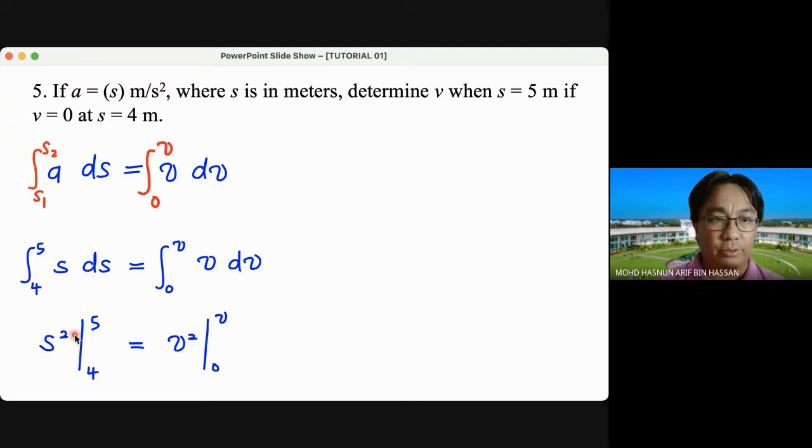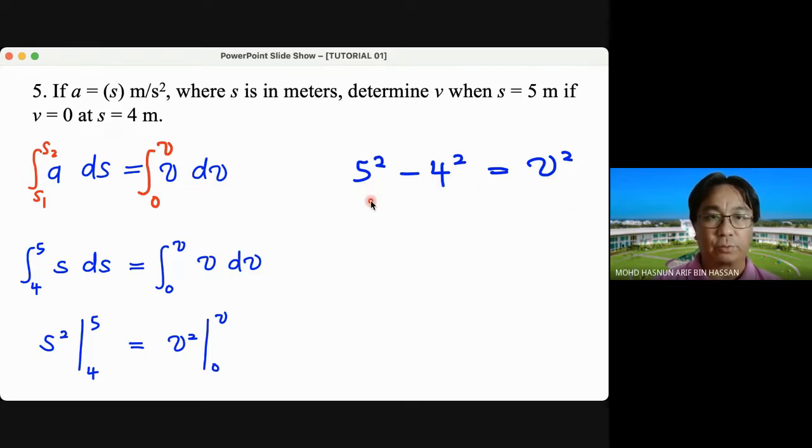So, and then you will key in the value lah. So 5, this should be S square over 2 and this should be V square over 2. So my answer here should be wrong, I think, but then I will correct later. Okay, and then what you have is 5 square over 2 minus 4 square over 2 equal to V square over 2.